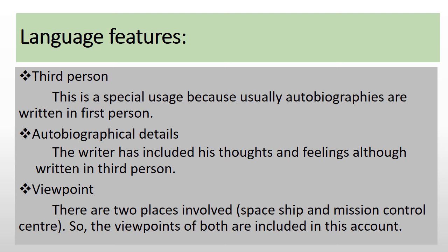So we can see the reactions in both places. What's happening in the spaceship, and then how the people in the mission control center react to that. So there are two viewpoints. These are the main language features that we see in this passage.